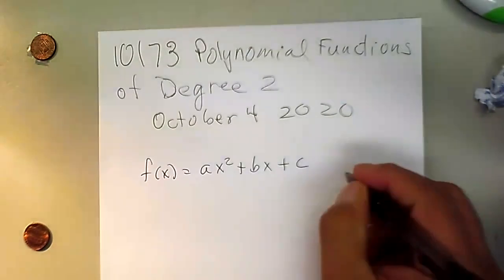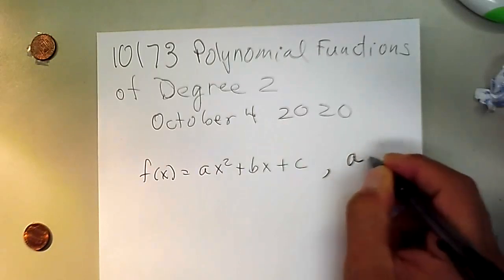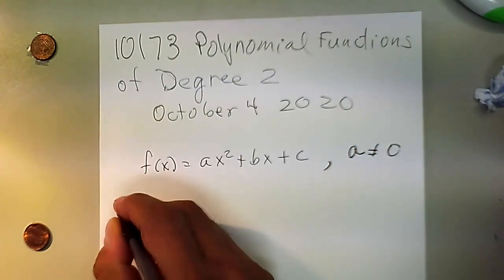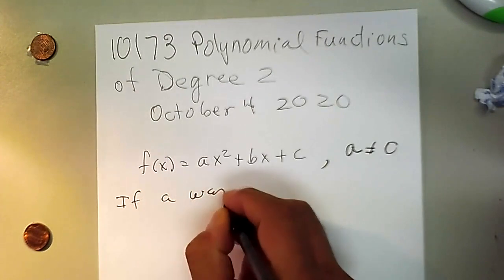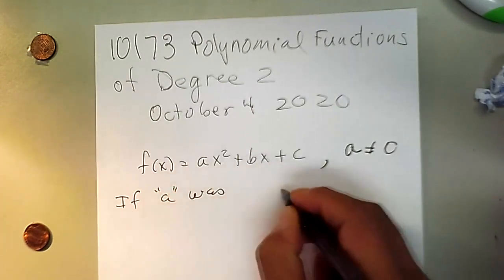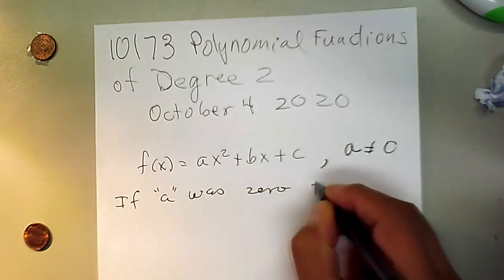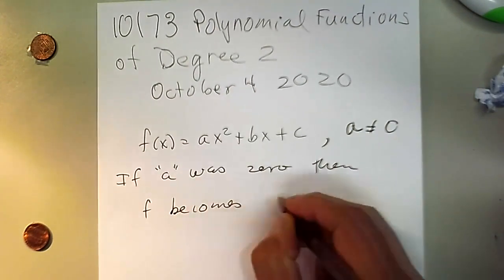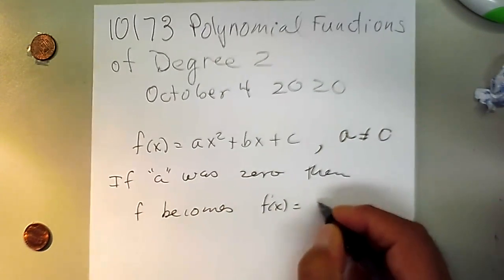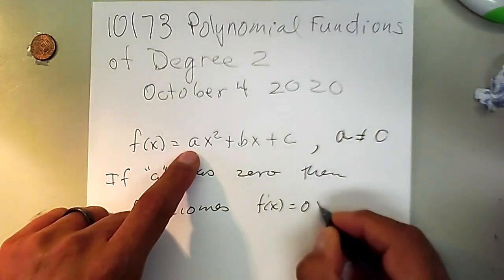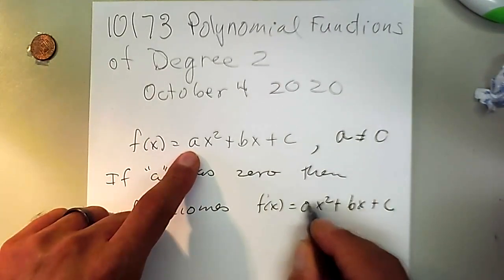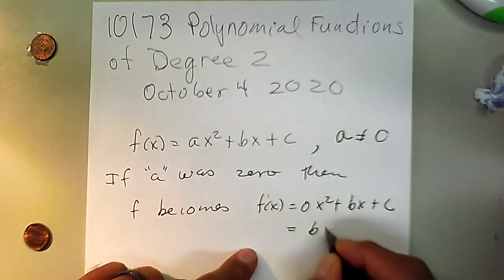It is important to establish that a cannot be 0, because if a was 0, then f of x equals 0 x squared plus bx plus c, but then this simplifies down to just bx plus c.